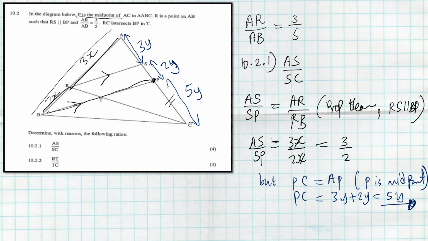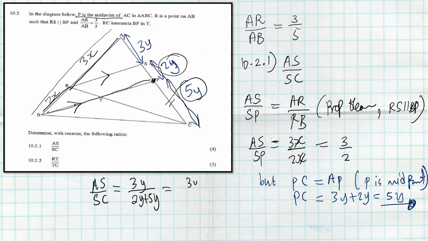Okay, so we can now get the ratio. It's now simple. AS over SC, because everything there has been filled, so we can get the answer. AS is 3y over SC. SC is going to be 2y plus 5y.